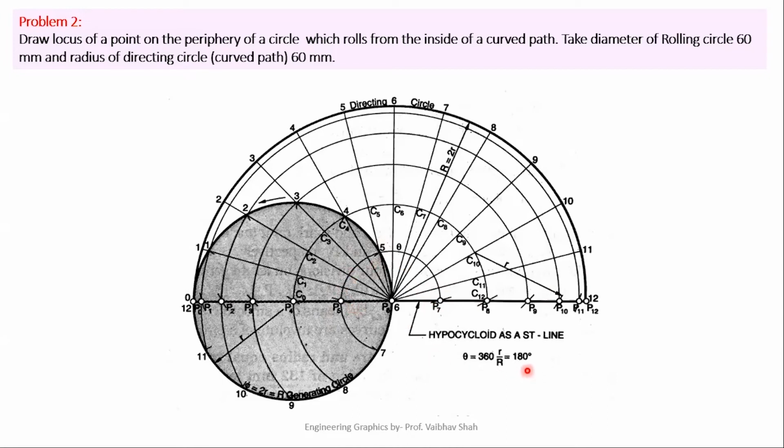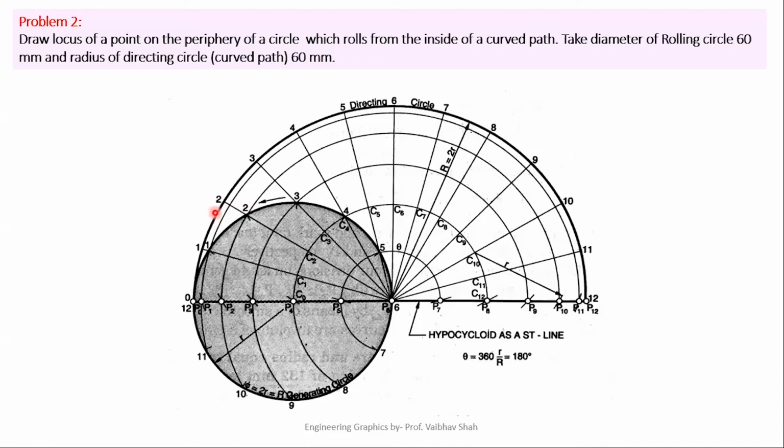We have to set that on our protractor, and we can define the points 1, 2, 3, 4, 5, 6, 7, 8, 9, 10, 11, 12 on your directing circle. You can also use the angle bisection method to divide this circle into 12 equal parts.